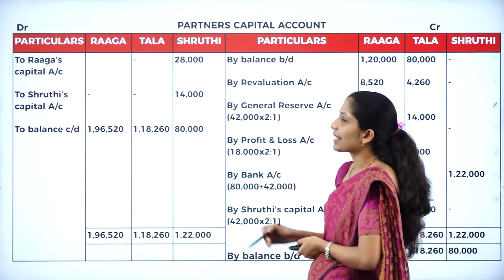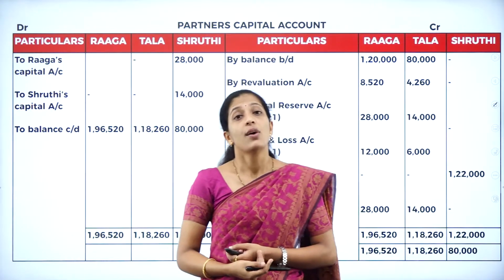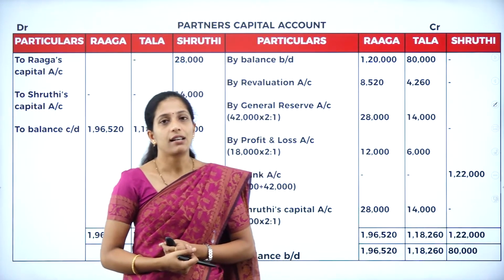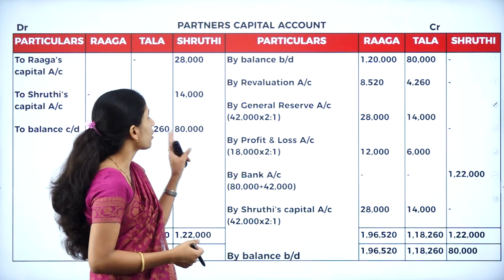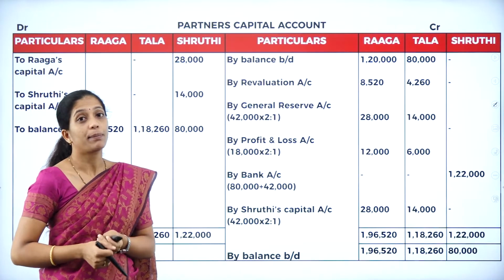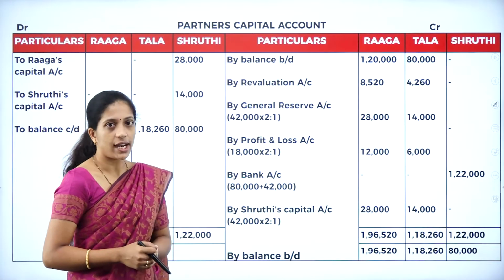Now moving on to the next account, that is partners capital account. As you know, what is the format? You will have both debit and credit side. Under the debit side, particulars, and we will draw a column for each partner including the new partner. Here the partners are Raga, Tala and Shruti. In the same way the credit side also.